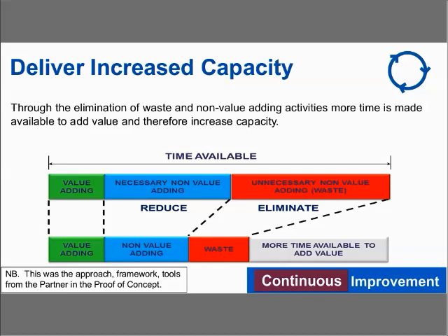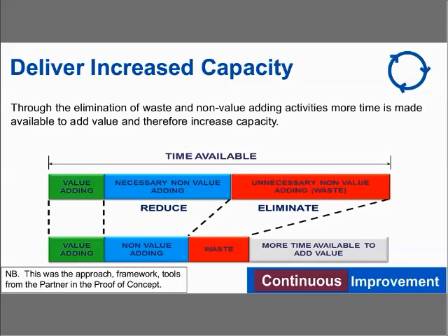So sometimes we do have to do some things that are non-value add to make sure what we're doing is making a difference. But we did find we probably do a bit too much of that. And then we certainly found areas of waste where we shouldn't really be doing things at all, and our aim is to reduce that waste, reduce the non-value add, so we can spend more time contributing and making a really big difference.